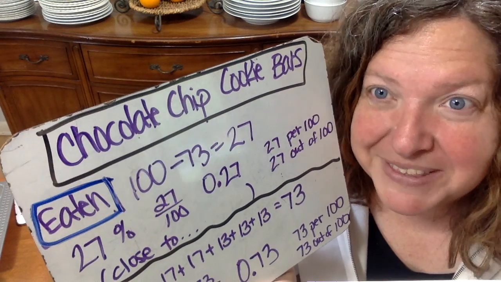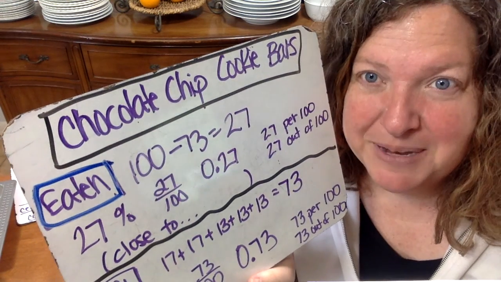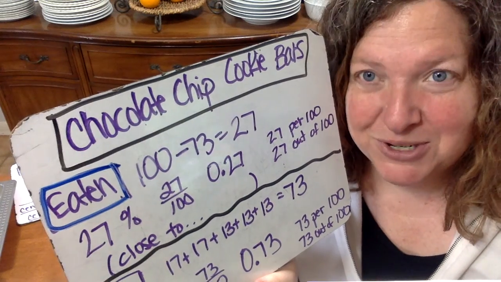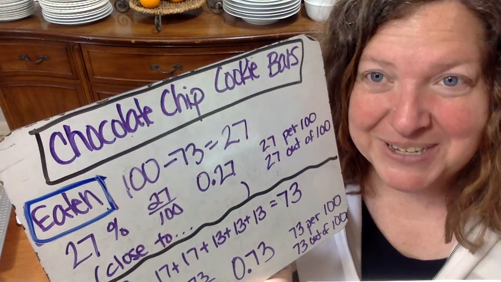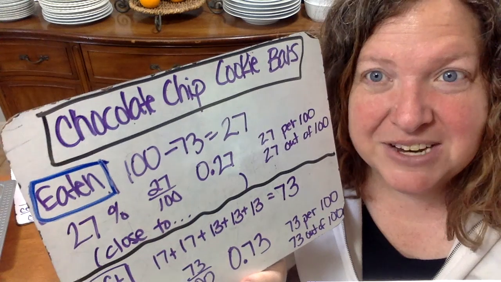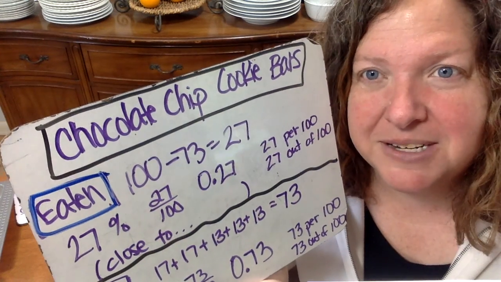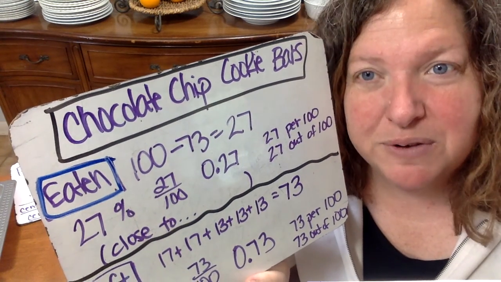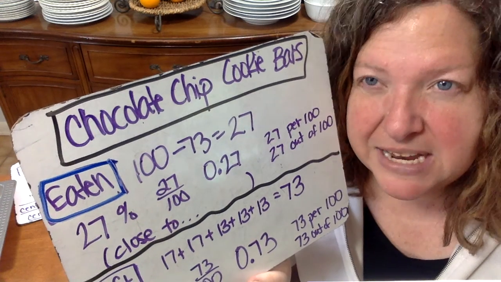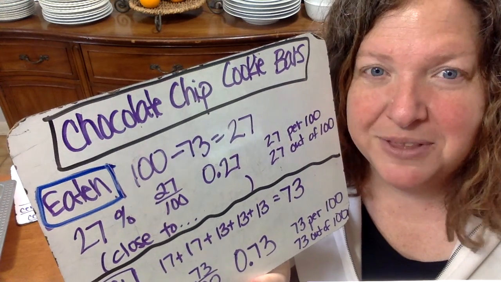There's one more thing that you need to know, and it's estimating. Because if you are going to try to talk to the person who ate the chocolate chip cookies, you might not necessarily tell them 27%. You might go to a fraction or a percentage that's kind of a standard one, like one that we use all the time.